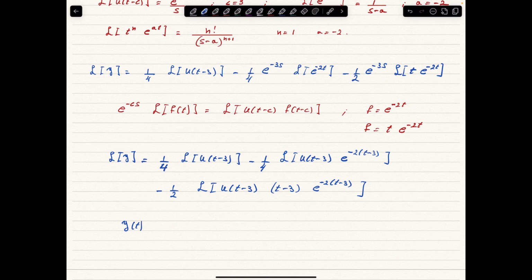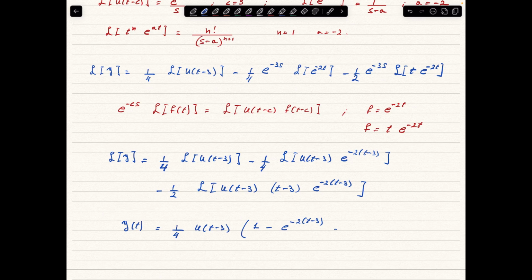The function y of t that we are after is going to have, let's put common factor 1/4. Why not? And then the step is common factor. Then we are going to have 1 minus exponential negative 2 t minus 3.